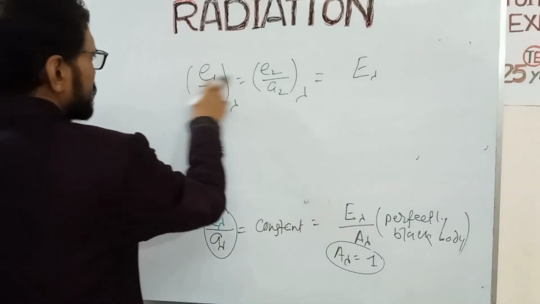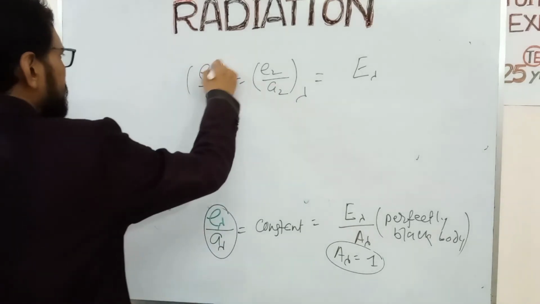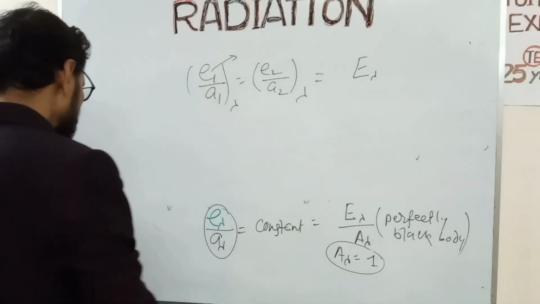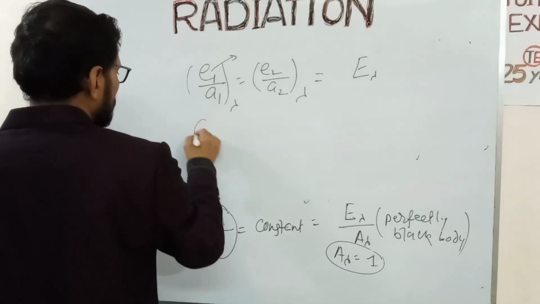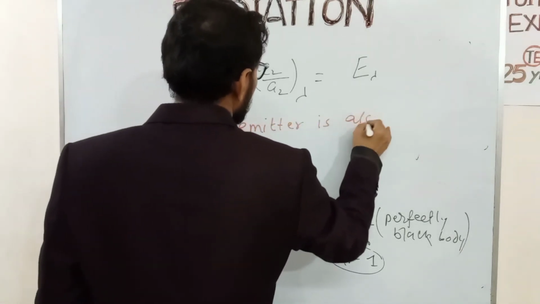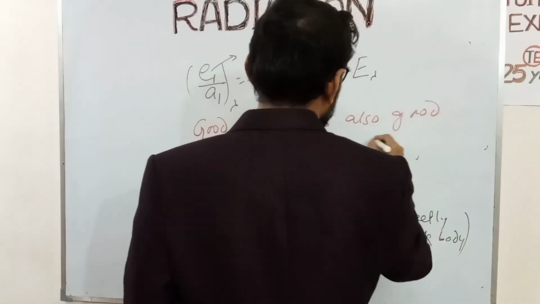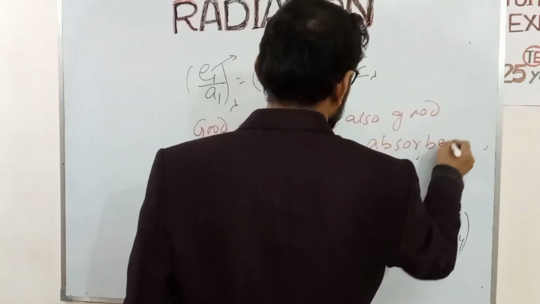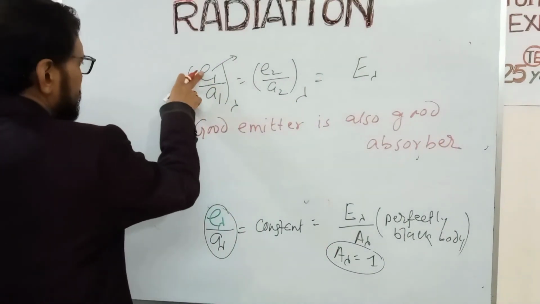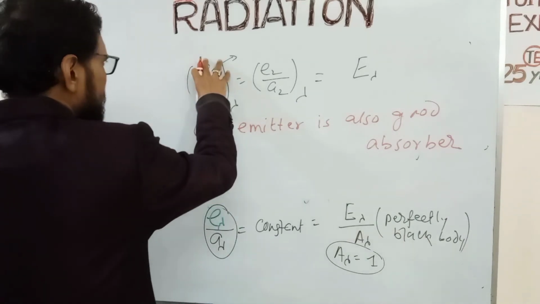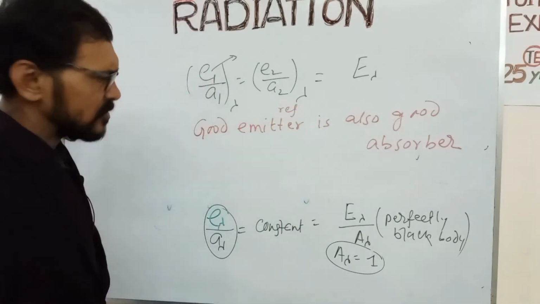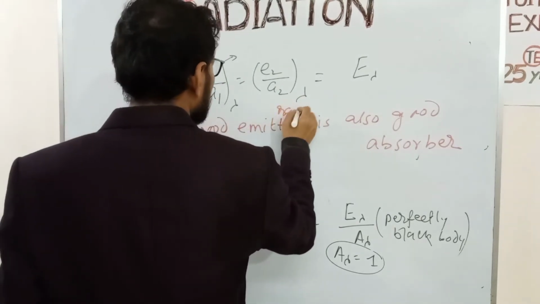Now, as the ratio is the same, if this is more, then this should be more. That is, a good emitter is also a good absorber, because if this is more, then this should be more, as the ratio is constant. Good emitter, or good radiator.